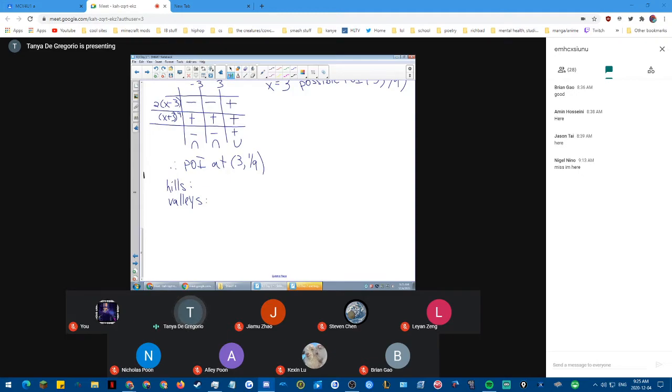So basically, let's talk concavity. Let's say concave up and concave down. So we're concave up when x is greater than 3, and we're concave down when x is less than 3.